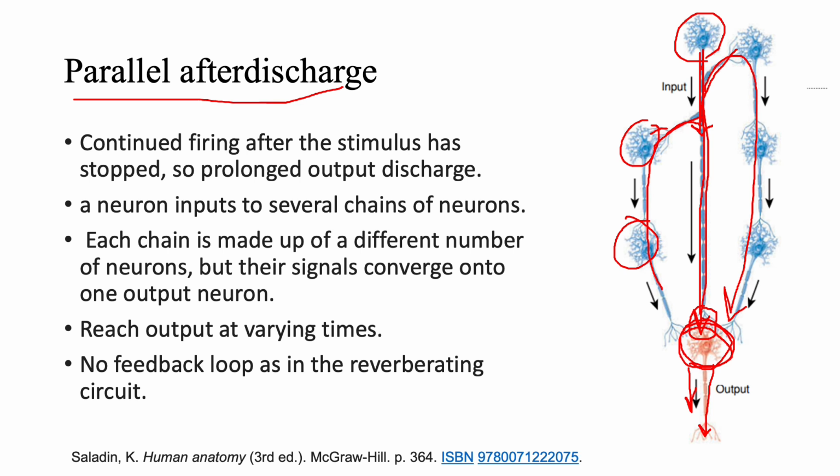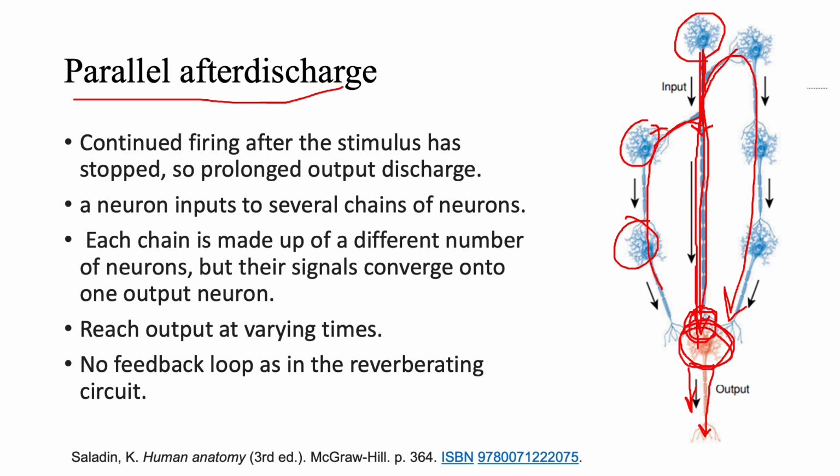We talked about this: let's say transmission through this neuron took 1 millisecond, and the delay at the synapse is 0.5 millisecond. So this signal will reach this orange neuron in 1.5 milliseconds.